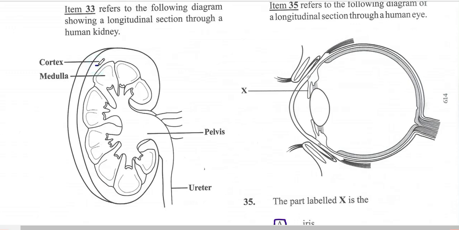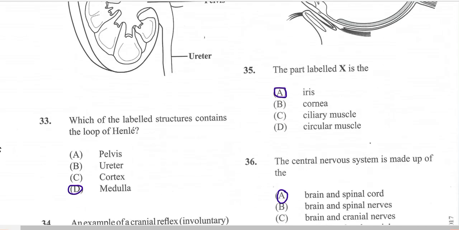Remember, up here we're going to have the Bowman's capsule, and then we're going to come down here with the loop of Henle, proximal convoluted tubule, and of course we have a collecting duct over here. So this, the medulla, is going to have the loop of Henle. So of course D is the answer for 33.